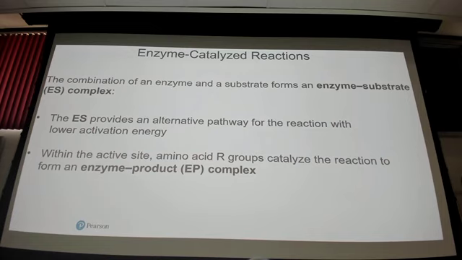And that is when the amino acid residues on the enzyme in the active site interact with the functional groups on the substrate to produce a product. So I say again, enzyme product complex is where the reaction is catalyzed and a product is produced.